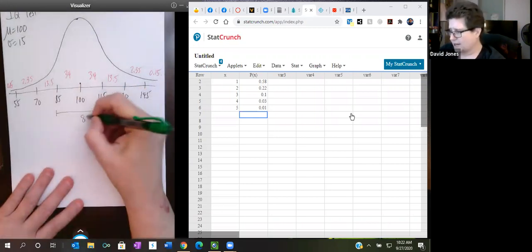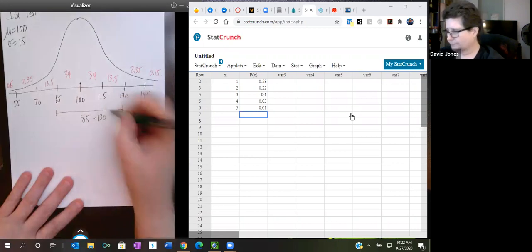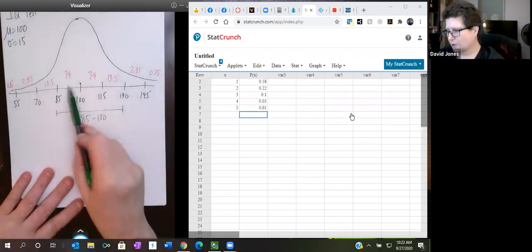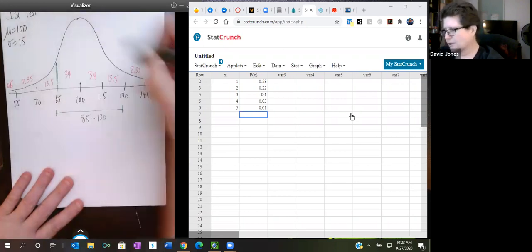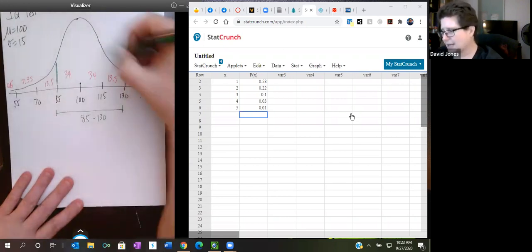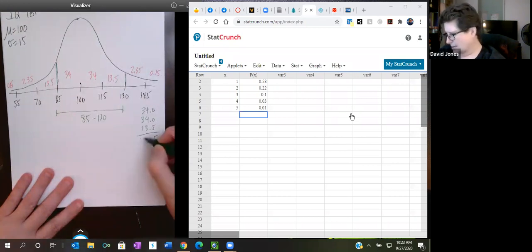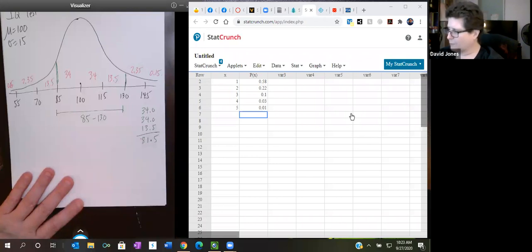The range 85 to 130 has 34, 34 is 68, and 13.5. If we add those up, we get 81.5%, or 0.815.